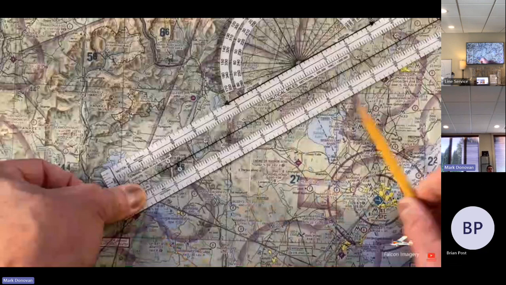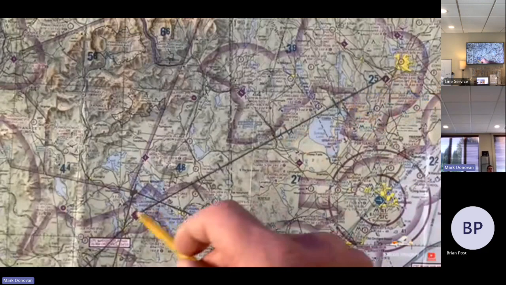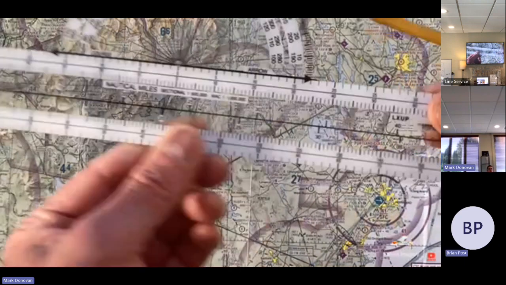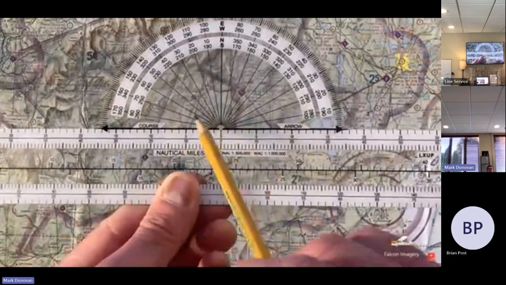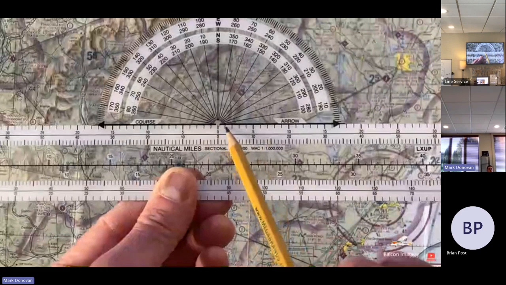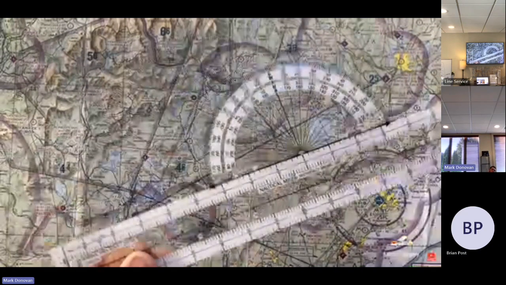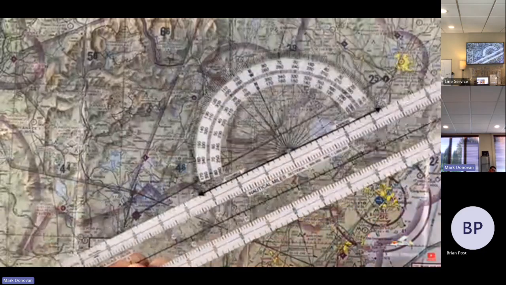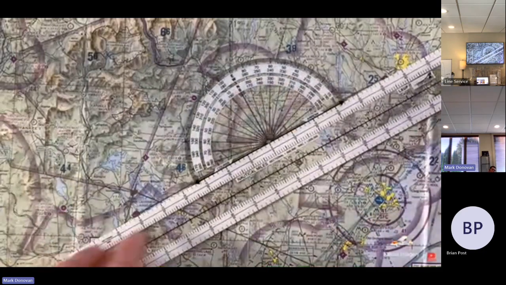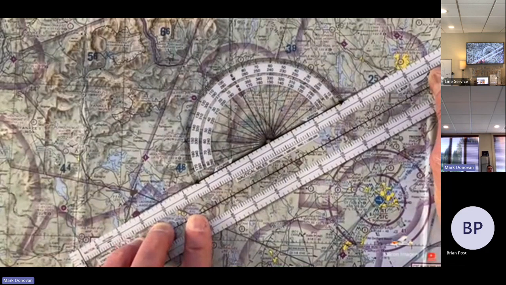Now we want to determine the true heading between the two airports. And to do that, we're going to use the protractor side of the navigation plotter, and we're going to pay attention to this little grommet hole here. We'll take the straight edge line associated with the protractor side and line it up along the course that we've drawn on the sectional chart.